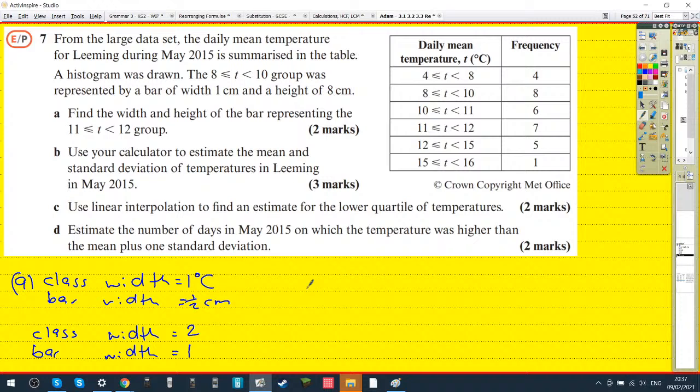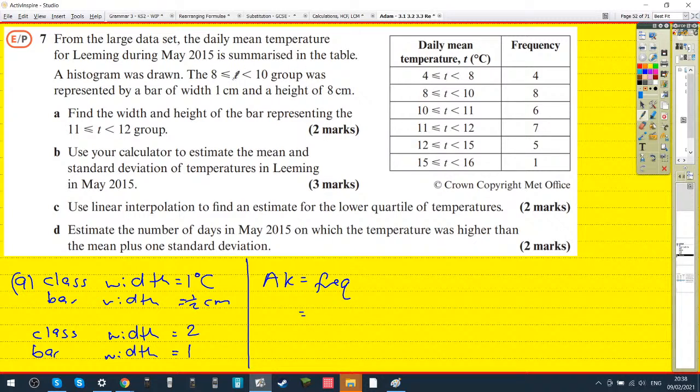Height would be frequency divided by bar width. There might be some constant. So AK is equal to frequency.